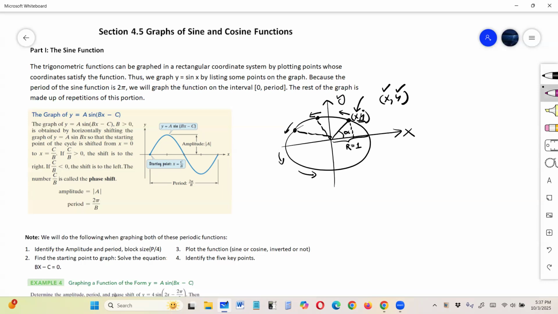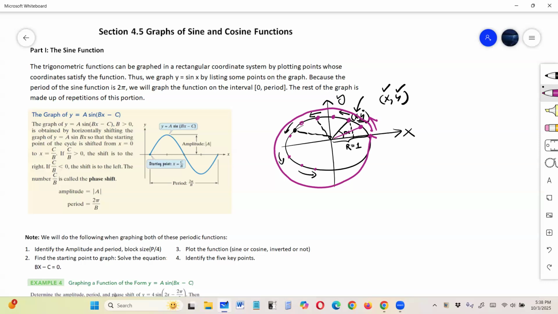So, for example, we are starting here and we're going around the circle once. When we repeat it, the particle is going to go over the same locations it did before. So it repeats.